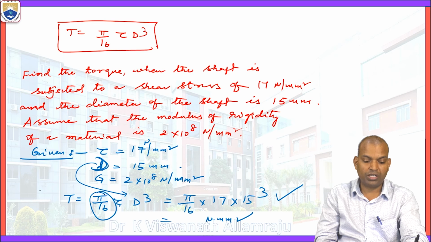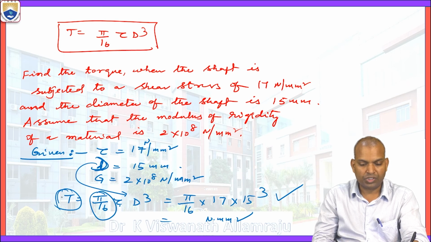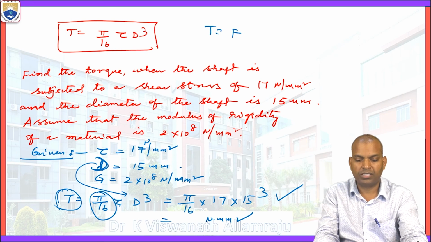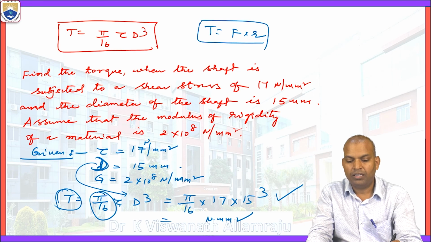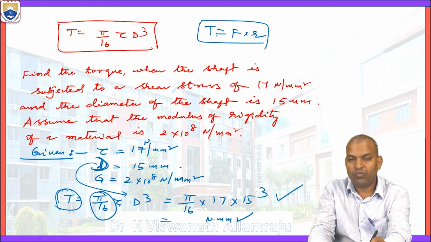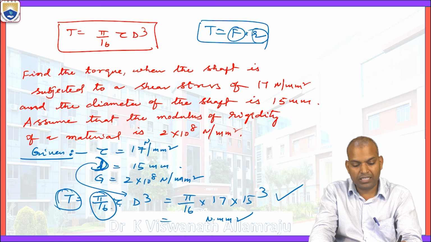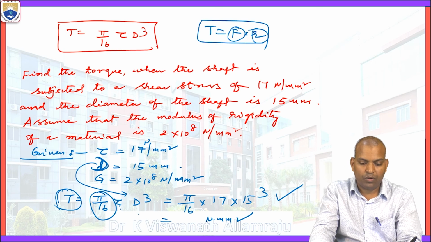One more thing, in the formula of torque, as a twisting moment is considered, torque T equals force times radius, as we have studied. Here torque is dependent on what? Force and radius. Now here I said shear stress and radius or diameter. What is the meaning here?